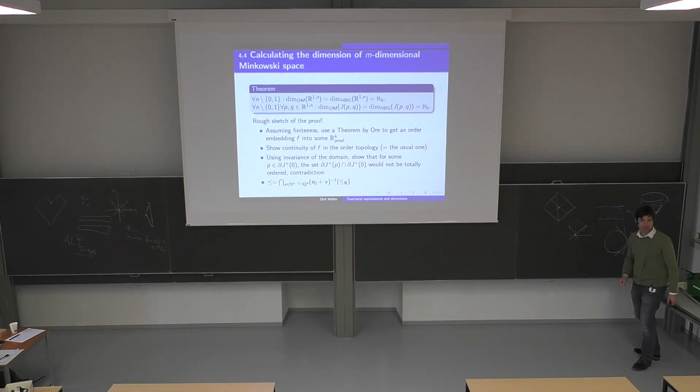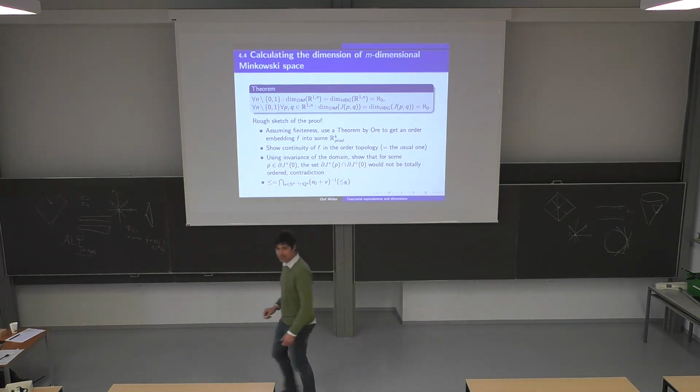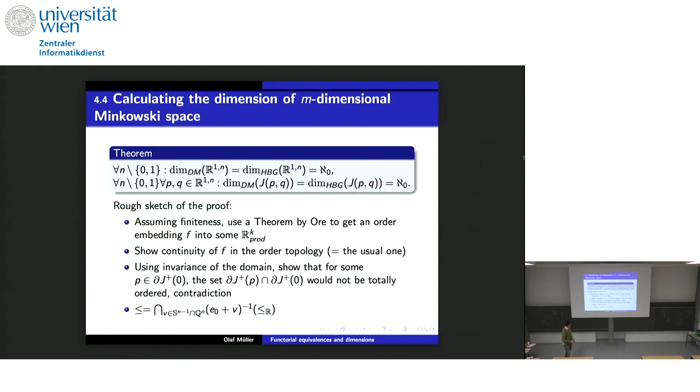You can do rational cuts, and their intersection will be the sphere, and the same with the Minkowski cone. So the dimension is Aleph 0, and this is certainly not what we expect, and it's also bad for having obstructions of embeddings into each other. So it's not what we can work with.